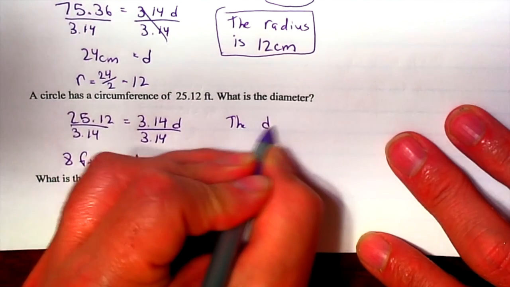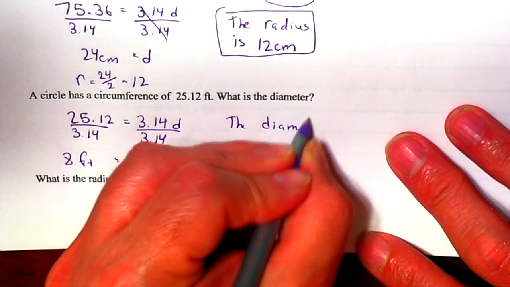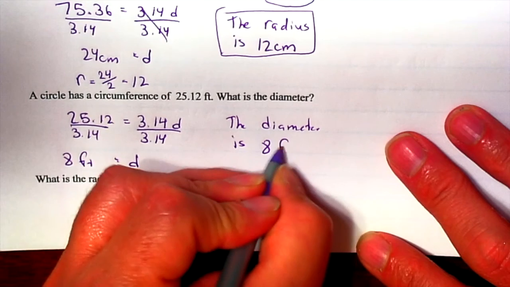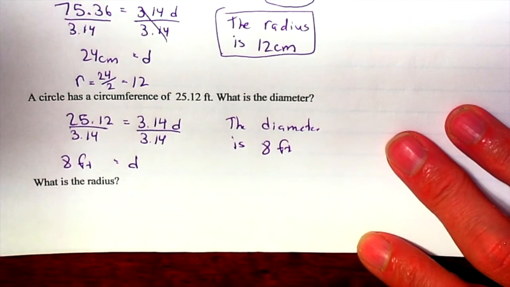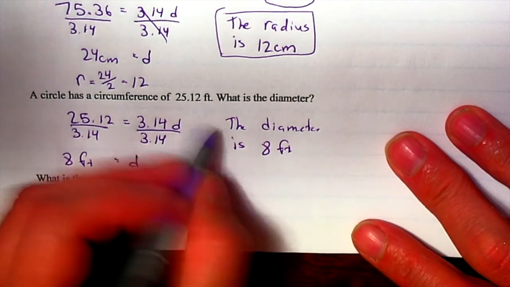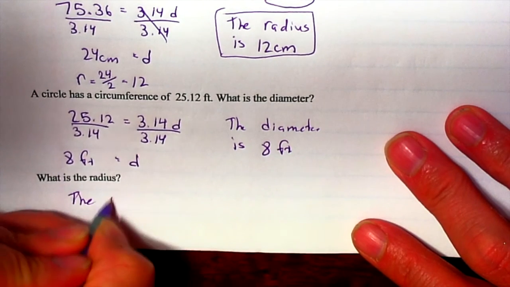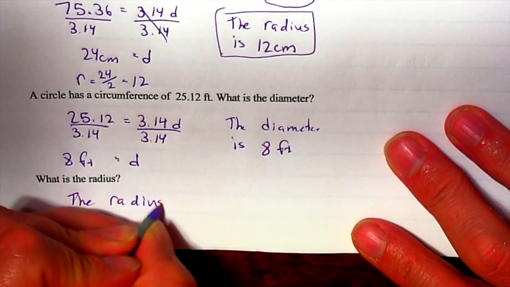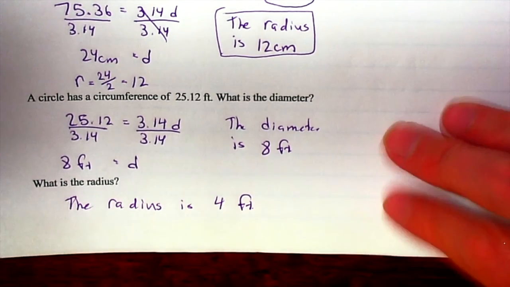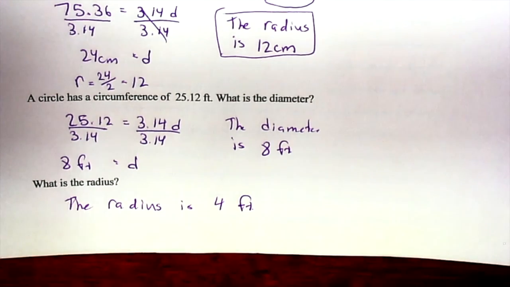So I can say the diameter is 8 feet by just doing that division problem there. Now, then it asks me what is the radius. Well, the radius, again, is just half the diameter. So for this example, the radius is 4 feet because that radius is just half of that diameter.